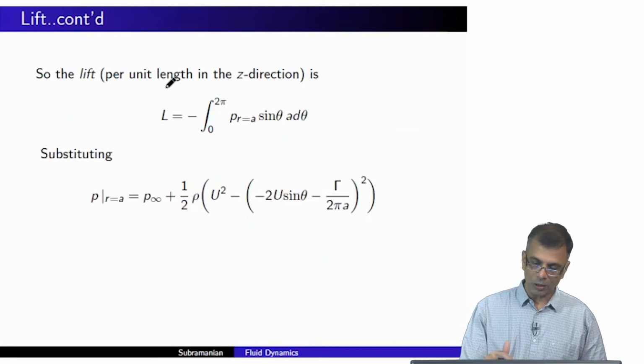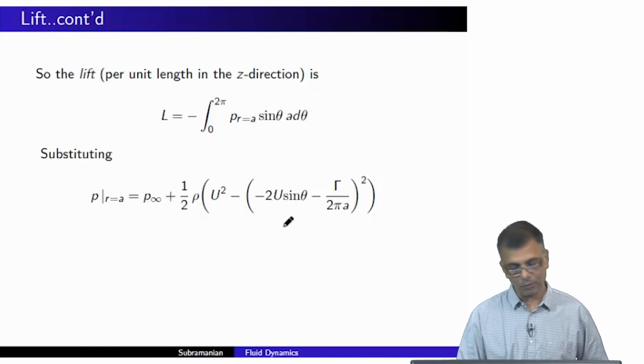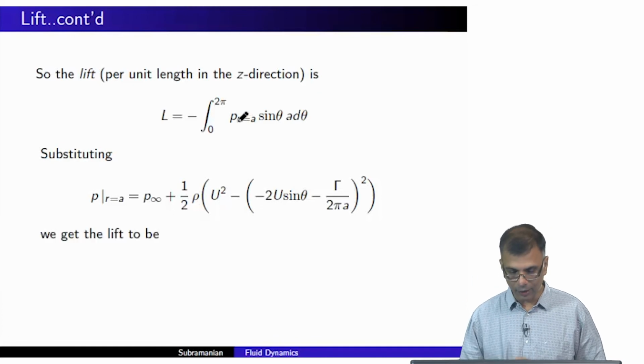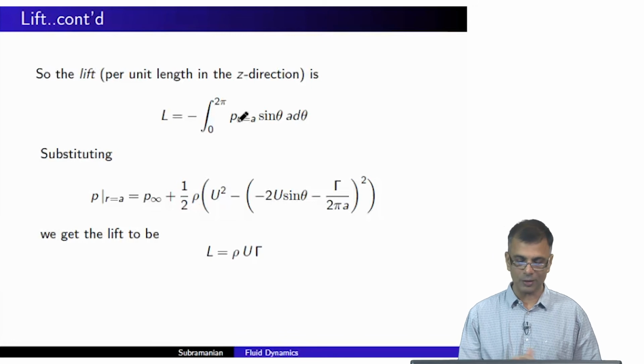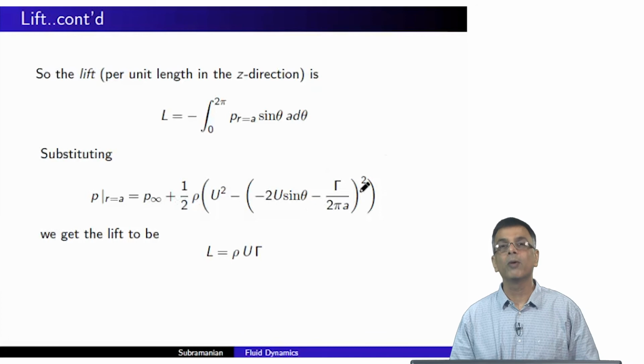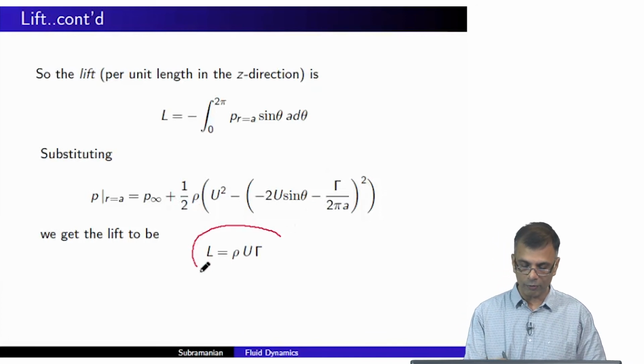Substituting this value of P at r equals A, which I am simply repeating from the previous slide, we get this magical formula. All these complications magically vanish when we do the integration, and you get this very nice formula for the lift.